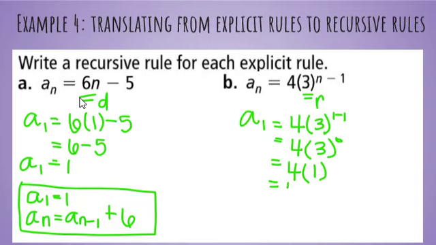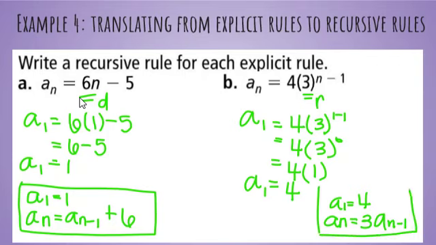And 4 times 1 is 4. So this is our first term. So then we write our first term, a sub 1 equals 4. And then for our second part, we have a sub n equals your common ratio, which is 3, times a sub n minus 1. So this is our answer here.